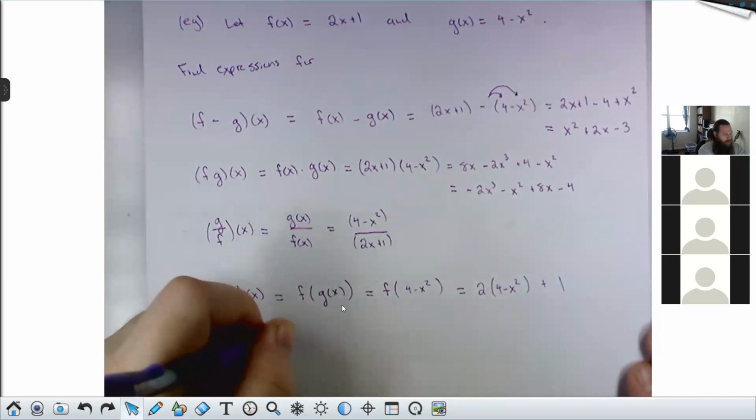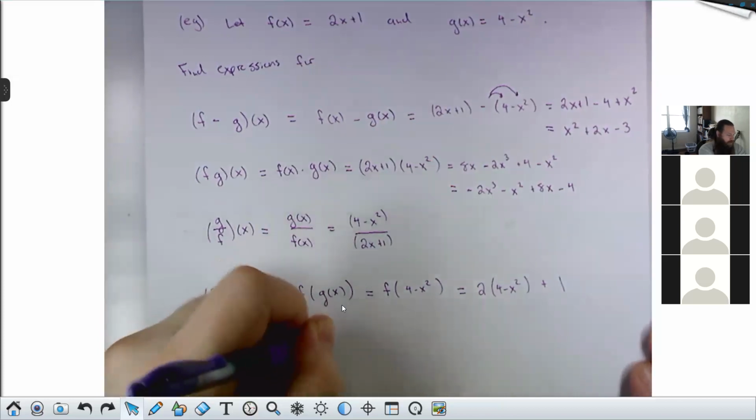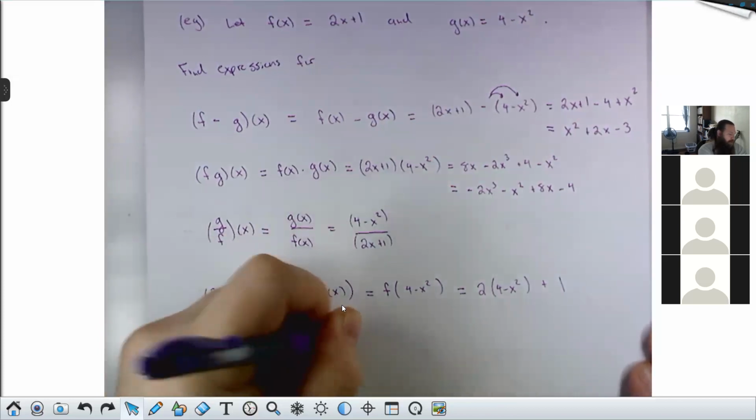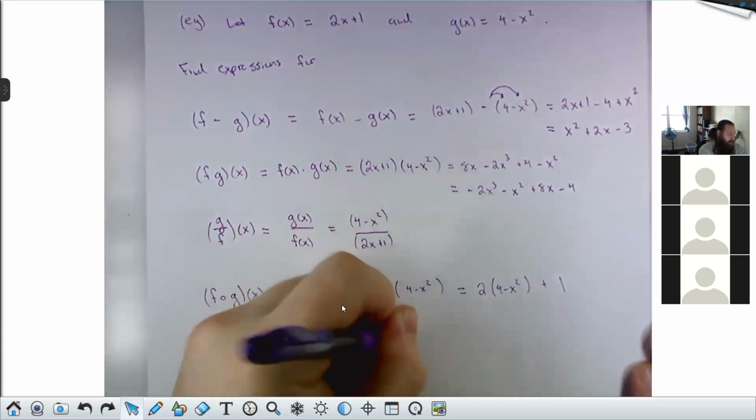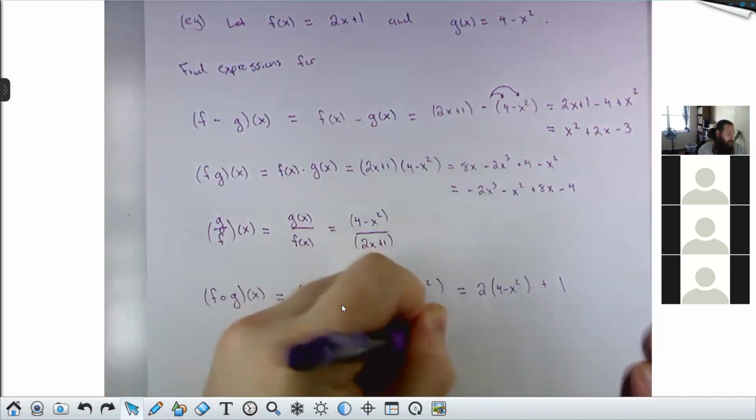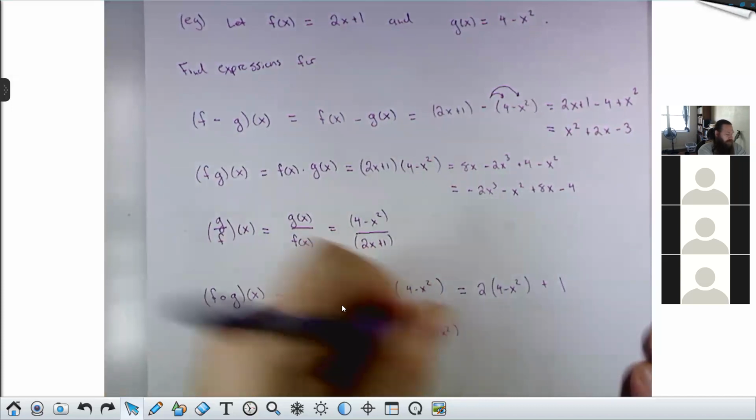I'll say note. F of 4 minus x squared is not f of 4 minus f of x squared. This does not work.